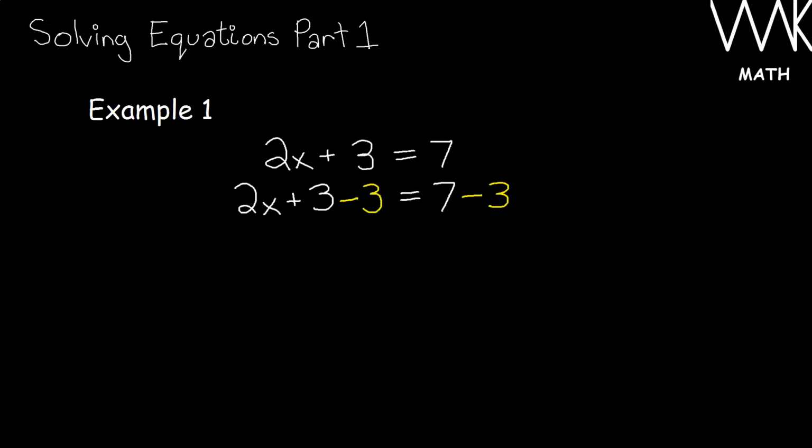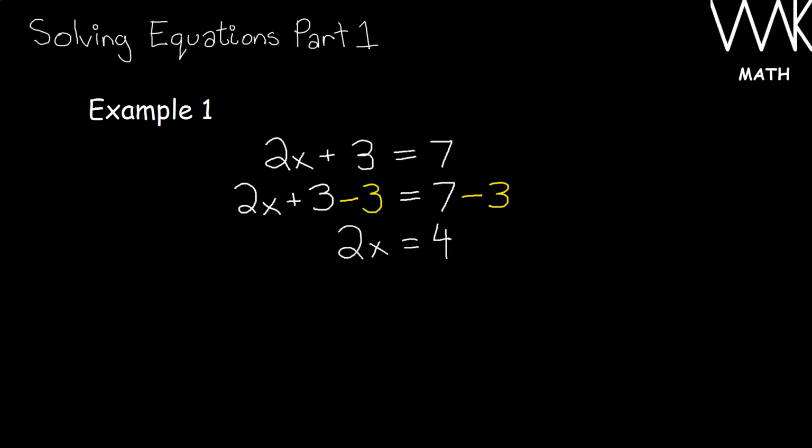Since we like to keep our equations balanced, we also have to subtract 3 on the right side. By simplifying this manipulation, the result is that there is 2x on the left side and 4 on the right side. This ends this first manipulation, and the result of this new equation is 2x equals 4.